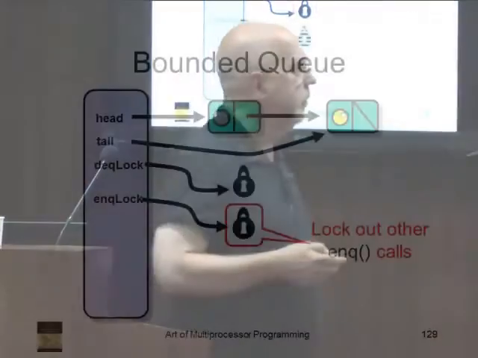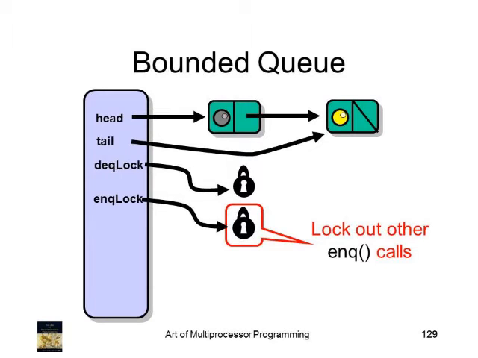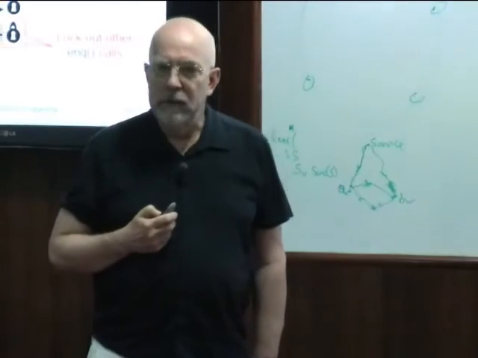So when I acquire that lock, an enqueue might still be able to happen, but no other thread can do a dequeue. And I'll have a symmetric lock that I'll use to lock out other enqueues. So in this way, at least in principle, enqueues and dequeues can go on concurrently because they're using distinct locks.